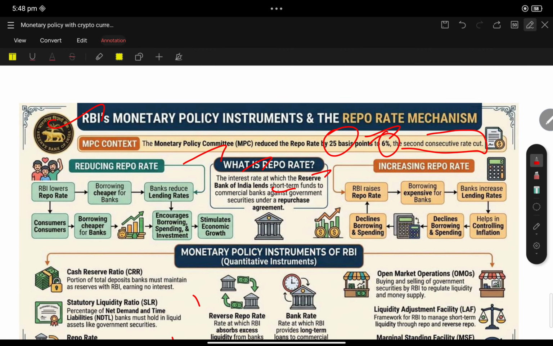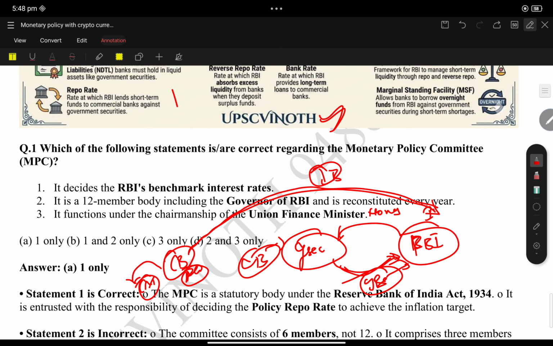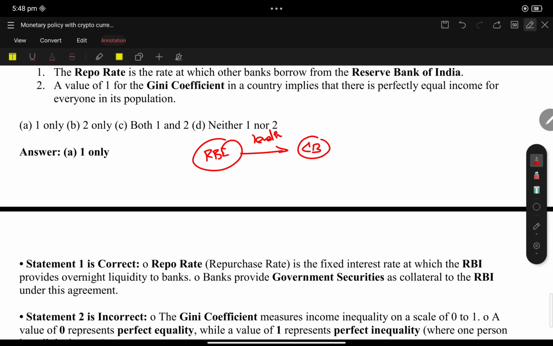Based on this repo rate only, the commercial bank will fix the interest rate for the public, that means the interest rate for the loan. Let us have a clear discussion. First, RBI lends the money to the commercial bank. Let us say the interest rate is 2%, for example.